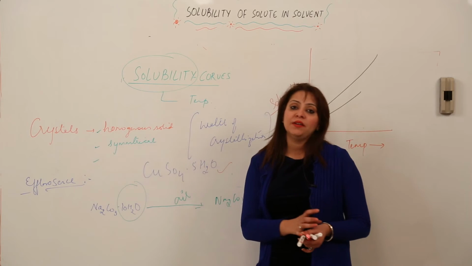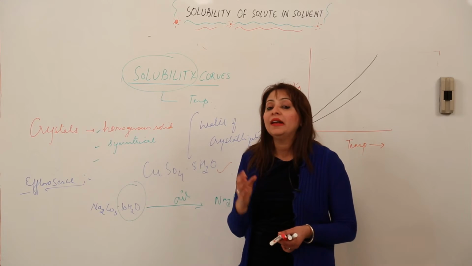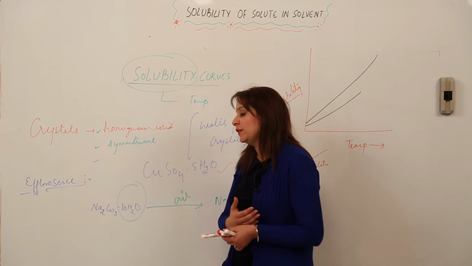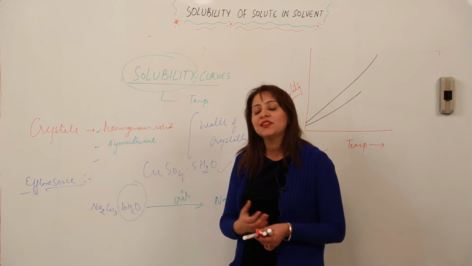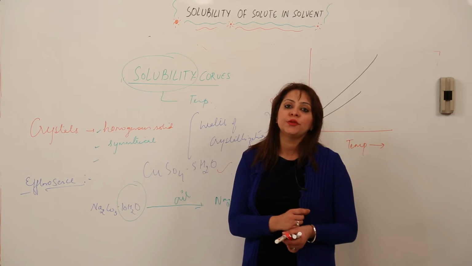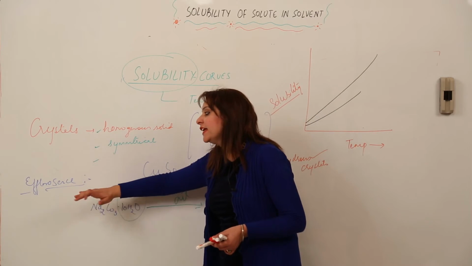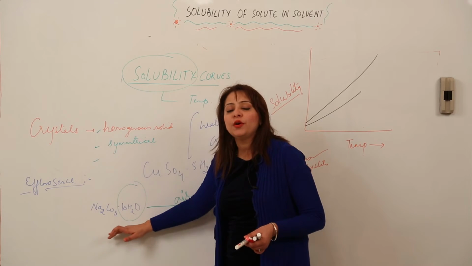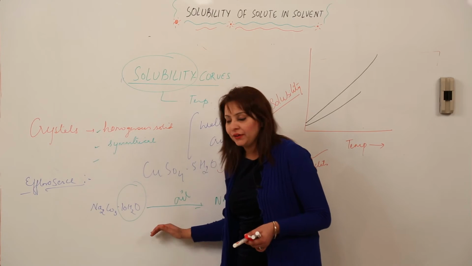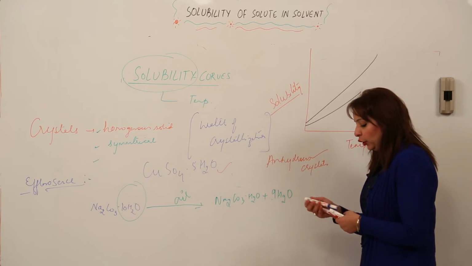These all terms are related to water, but there is a difference between them. As I told you in a previous lecture as well, when you are studying anything, don't get confused with terms that are synonyms of each other. Efflorescence just means losing water of crystallization, not by heating, but by keeping in air.